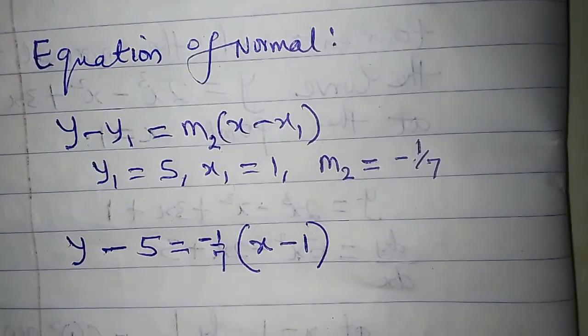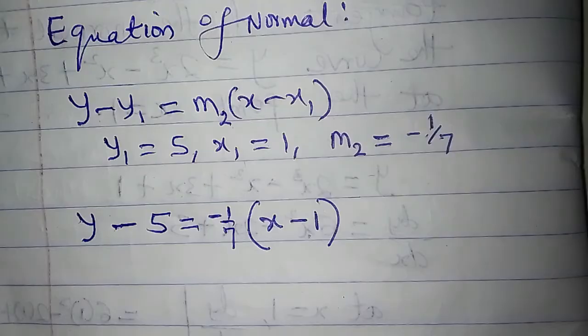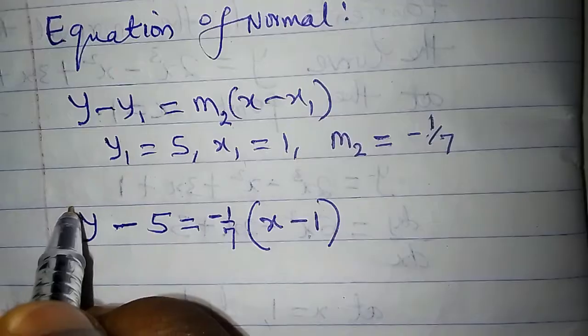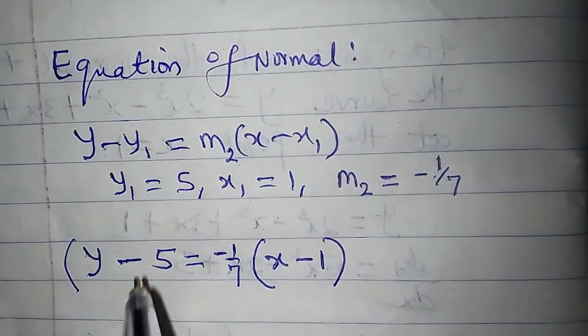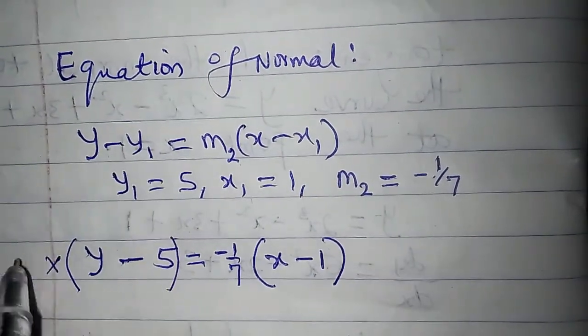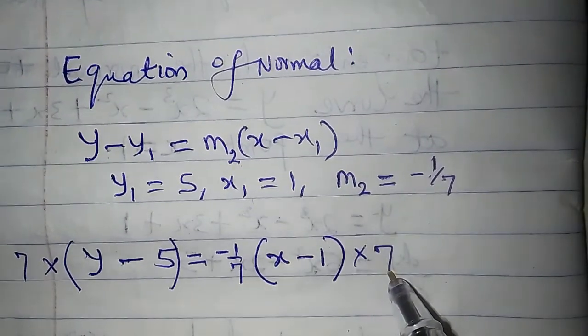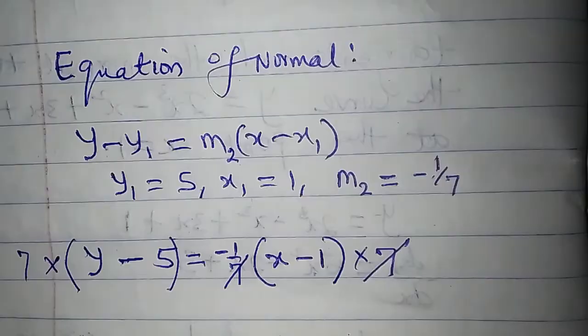Let's simplify. So let's just multiply both sides of the equation by 7, so that this 7 can cancel this one here.